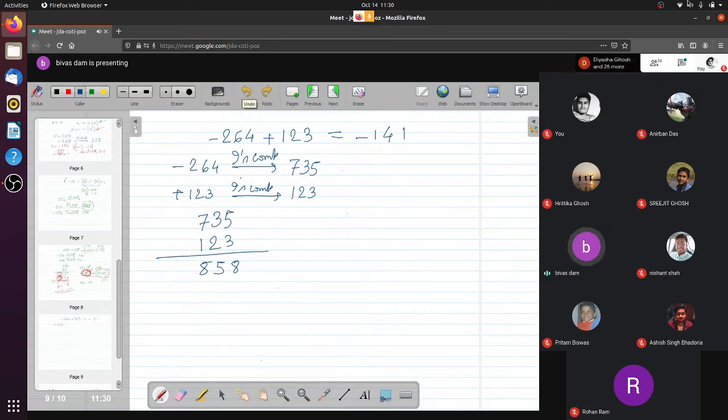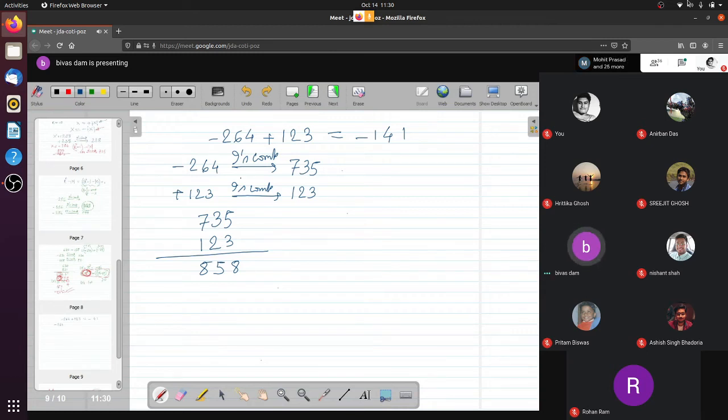Now, what is the required result? Minus 141. Remember, I am performing the addition or subtraction operation using the ninth complement system.